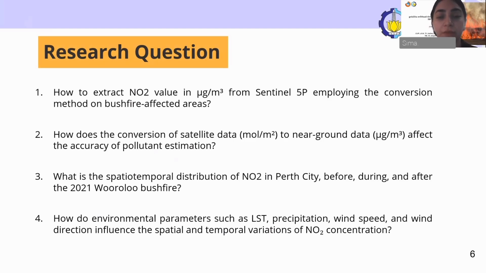What is the spatiotemporal distribution of nitrogen dioxide in Perth City before, during, and after the fire? Also, how do environmental parameters such as land surface temperature, precipitation, wind speed, and wind direction influence the spatial and temporal variation of nitrogen dioxide concentration?